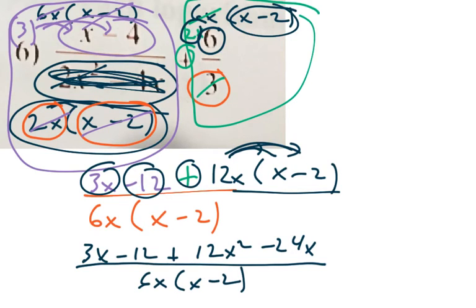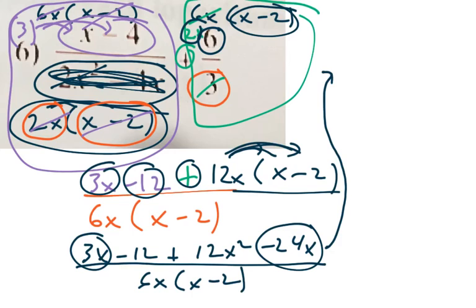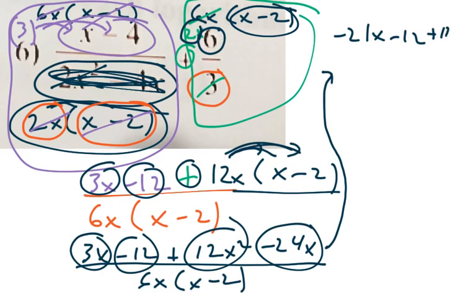Let's combine some like terms. Let me kind of scroll up here. So 3x and minus 24x is negative 21x minus 12 plus 12x squared all over 6x times x minus 2.